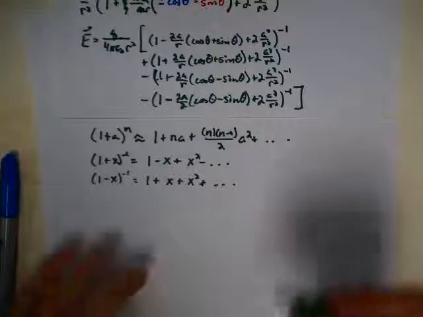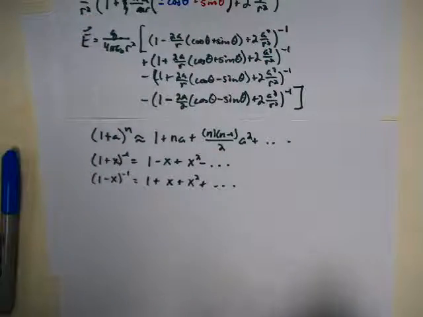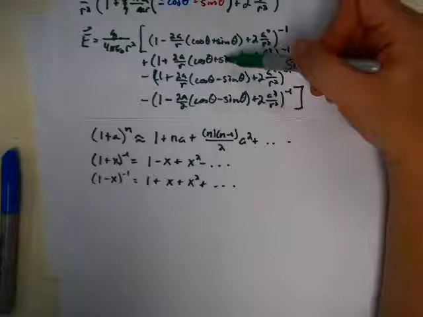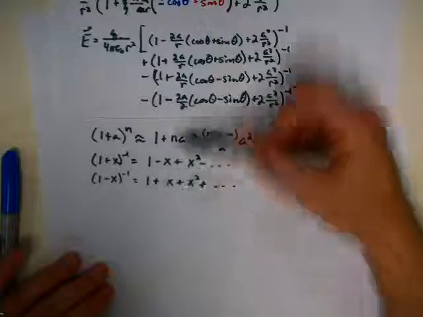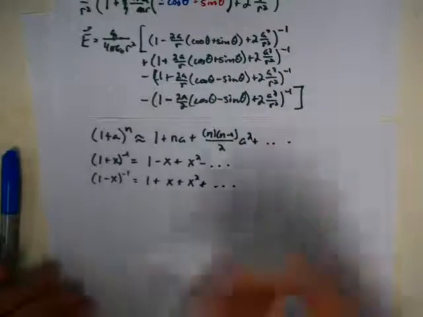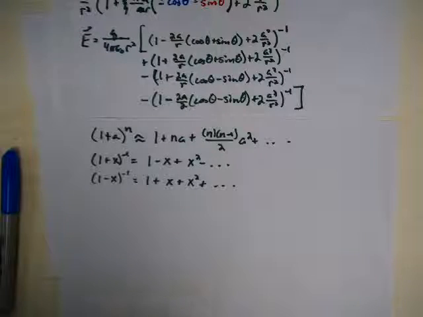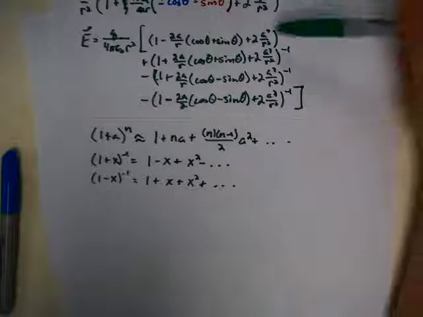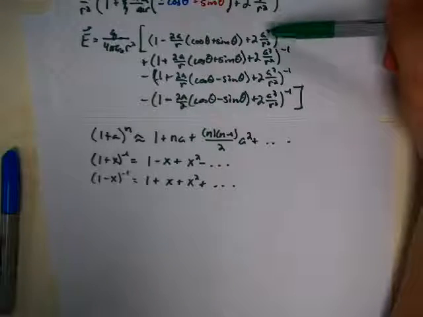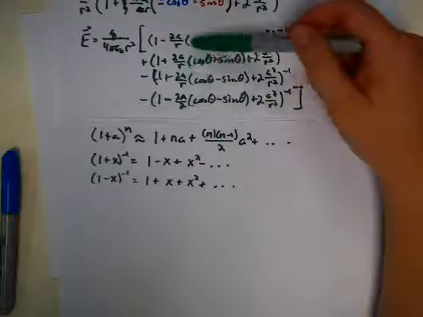From the first two terms, we immediately see that the ones, they have plus 1, minus 1, minus 1. Those are going to cancel. Second, we see that since these are opposite signs, we're going to get a plus here and a minus here, and these are going to cancel to first order. And so the lowest order term that we're going to get is going to come from the squared term. So we'll get squared terms twice. We'll get it from the first expansion of this and the second expansion of that term.